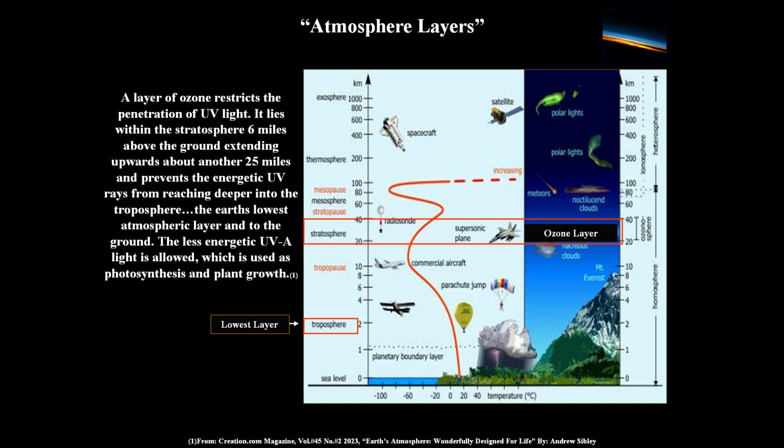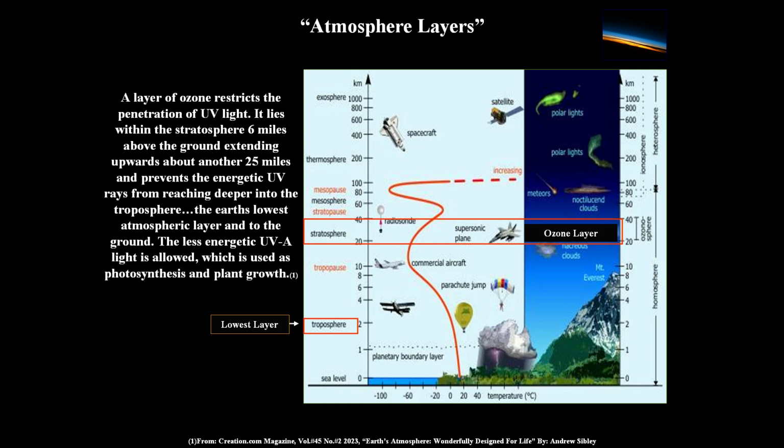Next, a layer of ozone restricts the penetration of UV light, which is ultraviolet light. It lies within the stratosphere 6 miles above the ground, extending upwards about another 25 miles, and prevents the energetic UV rays from reaching deeper into the troposphere, the Earth's lowest atmospheric layer, and to the ground.